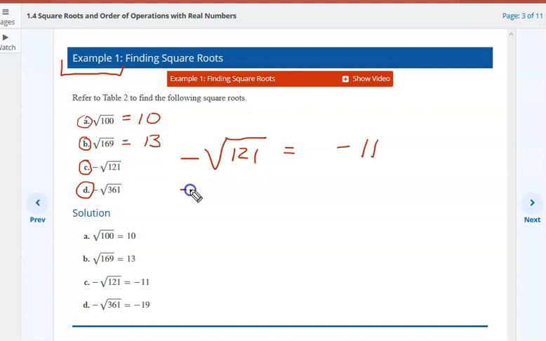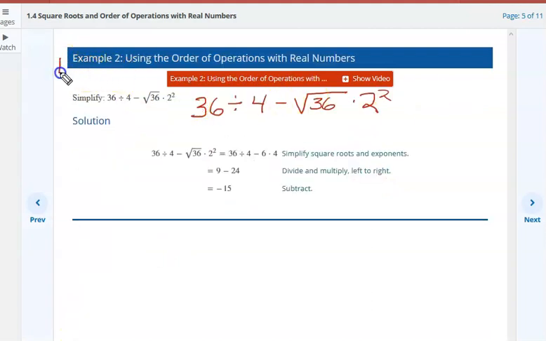This is the negative, or the opposite, of the square root of 361 that you may not know offhand, but that is a 19, and then you apply the negative. Something straightforward. Again, you want to know the protocol.